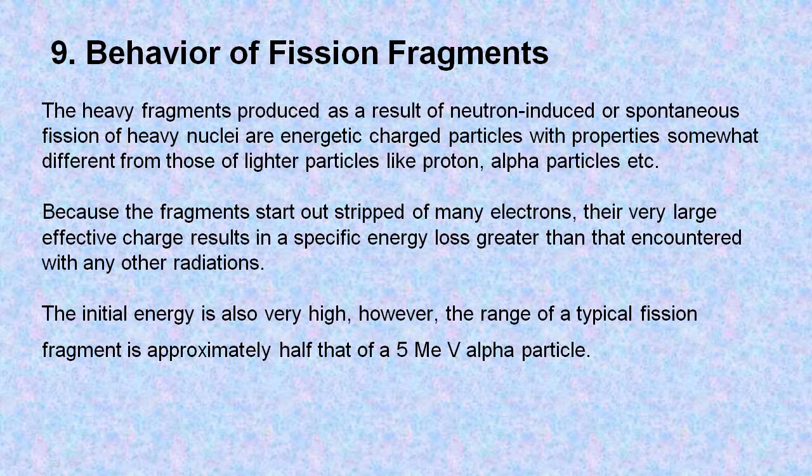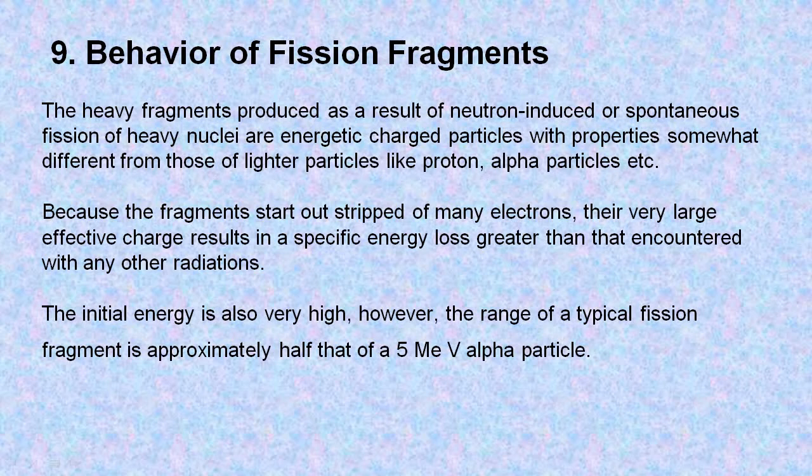Next is the behavior of fission fragments. Fission fragments are heavy ions, and so far we have mentioned only protons, neutrons, alpha particles, etc., which are lighter ones. The heavy fragments produced as a result of neutron-induced or spontaneous fission of heavy nuclei are energetic charged particles with properties somewhat different from those of lighter particles like protons and alpha particles.